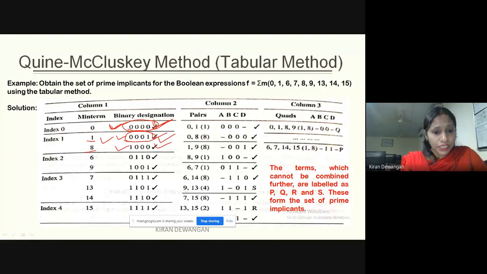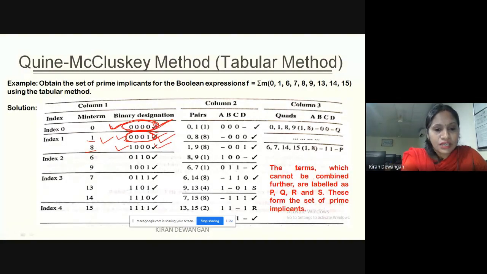Now what do we need to check? That the binary designation of 0 and the binary designation of 1 differ by only 1 bit. There should be a difference of only one bit. If this is happening, then they can form a pair.